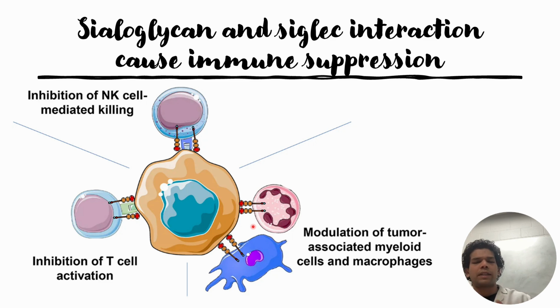It is not necessary that only carbohydrate based interactions occur. Non-carbohydrate based interactions also occur, and those are widely known, such as the PD1 and PDL1 interactions, and CTLA4 also interacts with its respective ligand on the tumor cells.